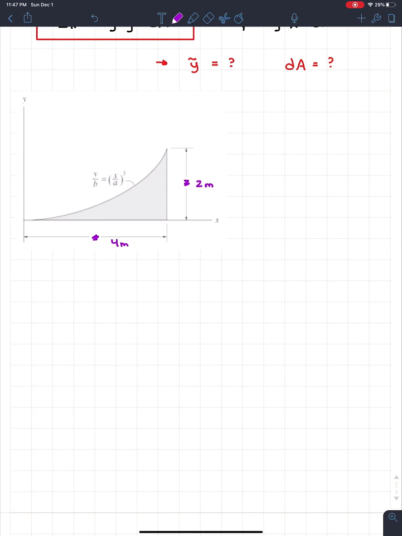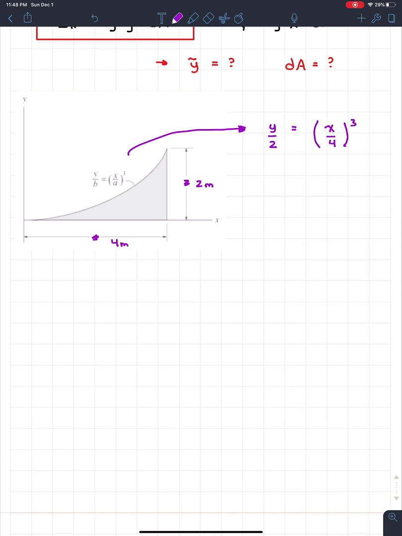And our equation here is kind of hard to see. So what I'm going to do, it's y over b, so it's going to be y divided by 2 is going to be equal to x divided by a, so x over 4 cubed. So what I'm going to do real quick just to make this convenient is actually just solve for what x is.